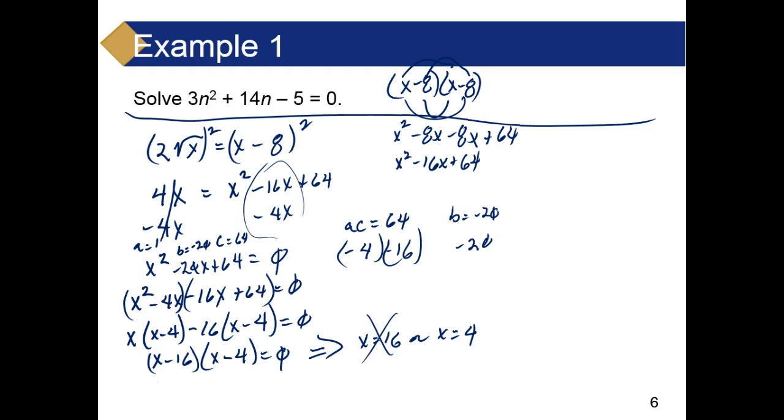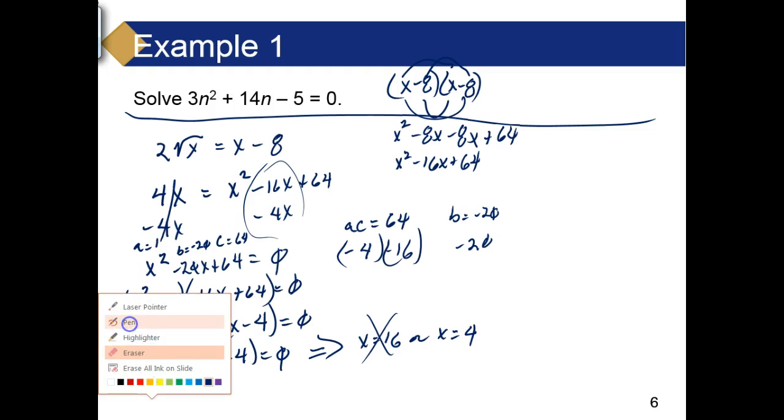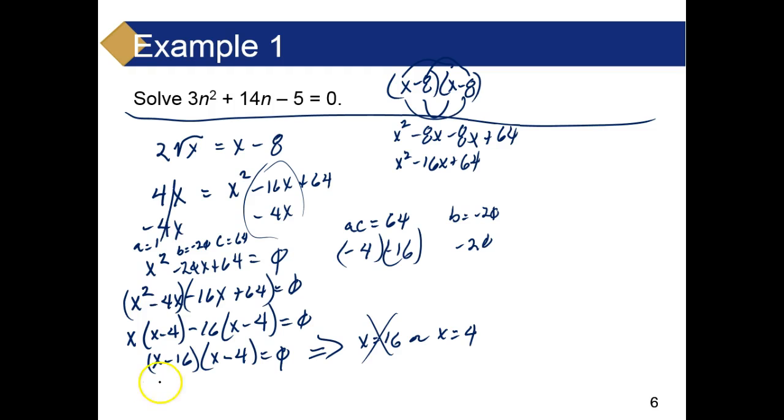Okay. Let's go back to the 16. Sorry. When you're doing this, it's probably a good idea to take that part off. I said ignore it, and then I didn't ignore it. Okay. There was our original problem. In fact, let me erase the cross because we haven't verified that yet.